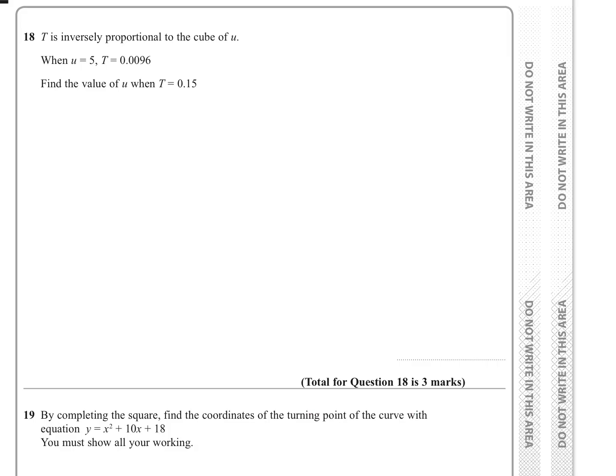Question 18. It says here that t is inversely proportional to the cube of u. So that means t would be inversely proportional, i.e. 1 over u cubed. So that means that for some value of k, we would have the formula t equals k lots of 1 over u cubed, which can be written like that.